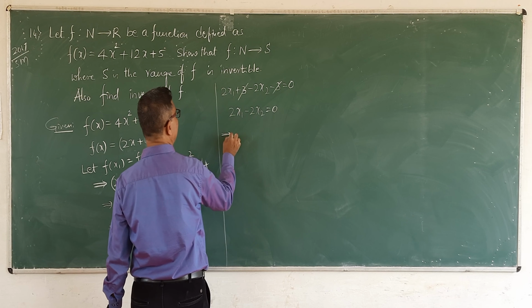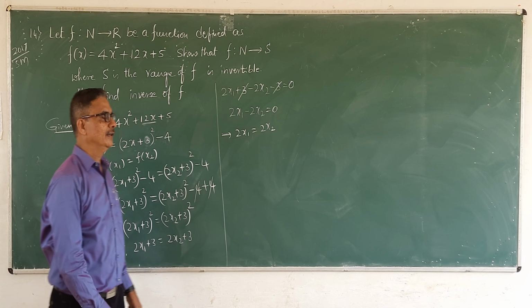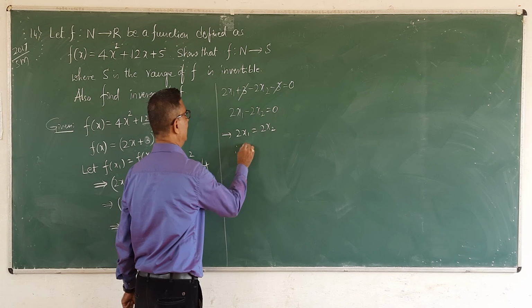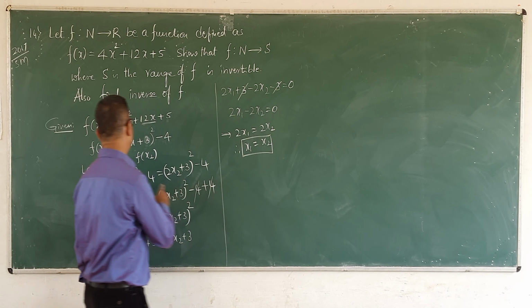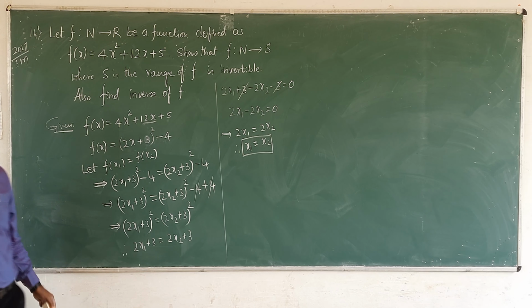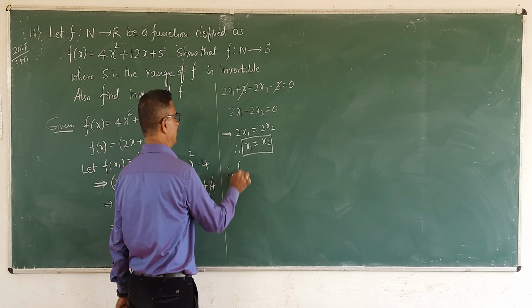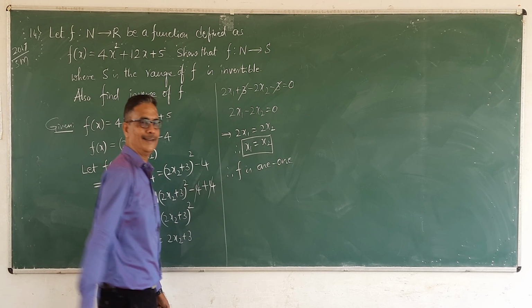Or we can write 2x1 is equal to 2x2. Okay, now divide both sides by 2, hence x1 is equal to x2. So f of x1 is equal to f of x2 implies x1 is equal to x2. Therefore, the function f is a one-one function.